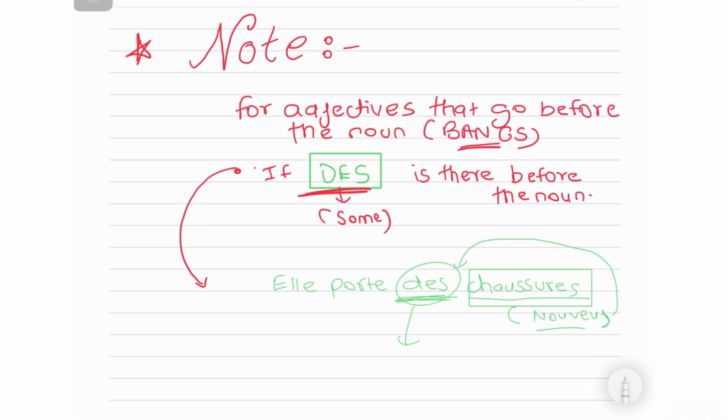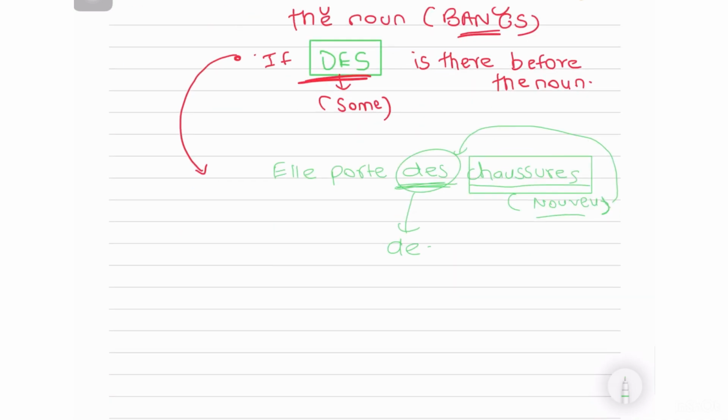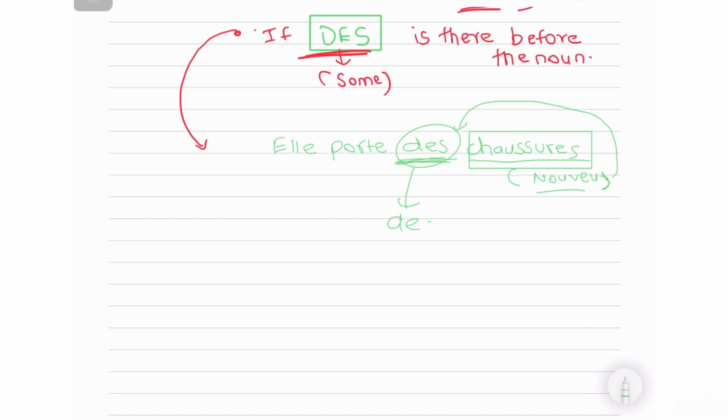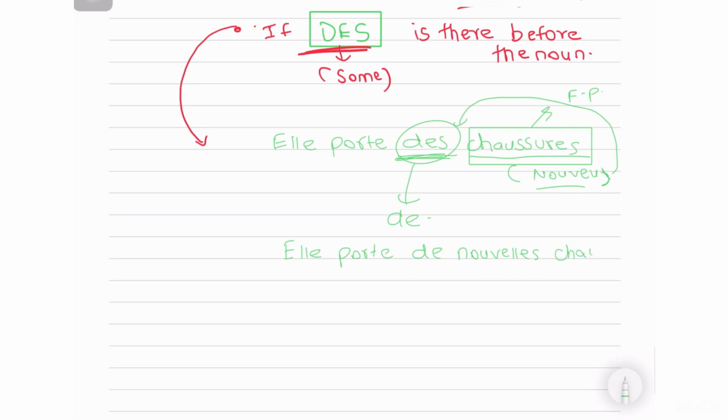The des becomes de. Okay, that is what will happen to this sentence. Elle porte de nouvelles chaussures. Okay, I just did accordance, that is chaussures, shoes, is feminine pluriel. So nouveau becomes nouvelle.